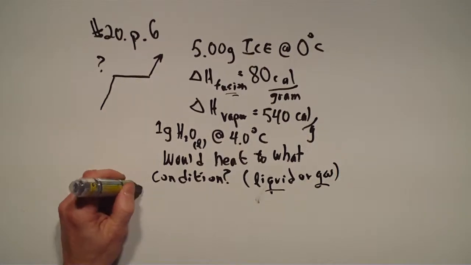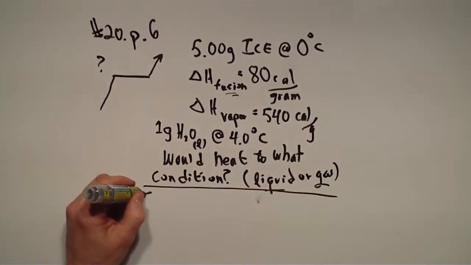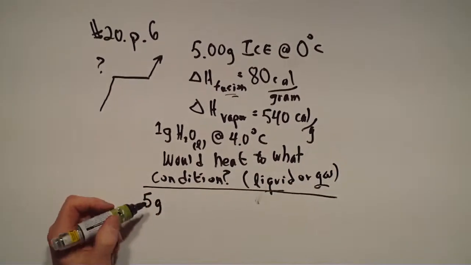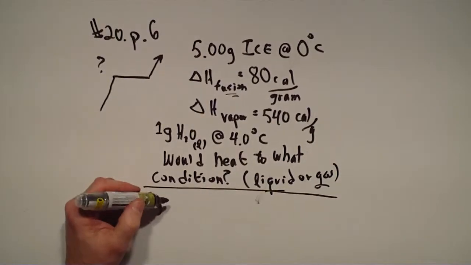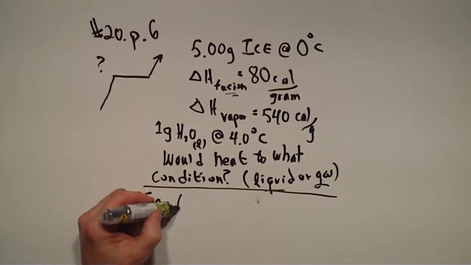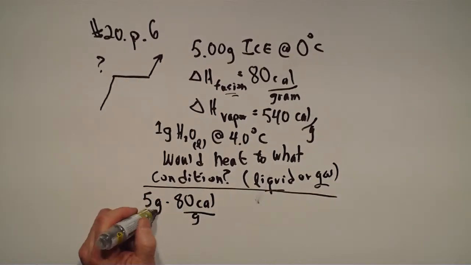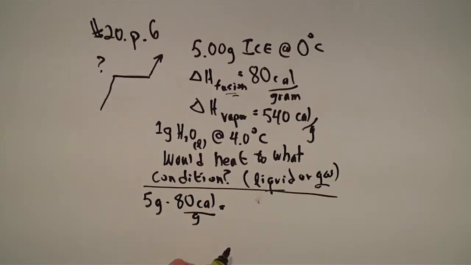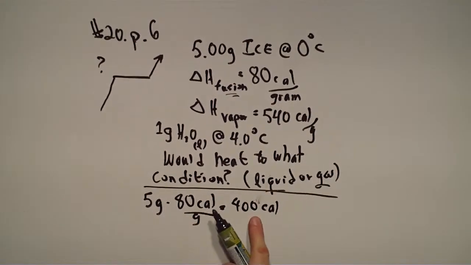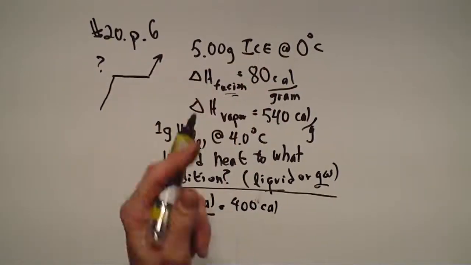So we could start out there, say 5 grams of water, and multiply that by 80 calories per gram. Grams are going to cancel, and it's going to take 400 calories of heat to melt 5 grams of water.